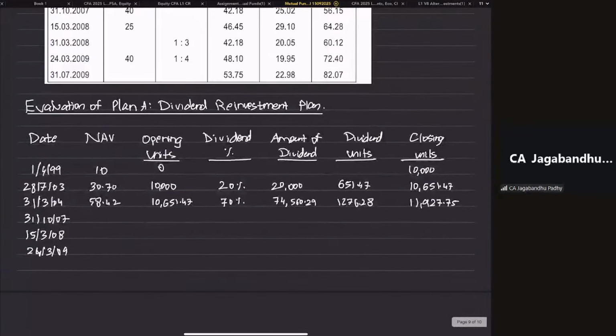I want you to calculate these 3 years and give me the closing units, because all my calculations are going to be based on these. I'll need the dividend units and also the closing units, these 6 numbers. Can you calculate these 6 numbers, guys? Complete this table quickly.